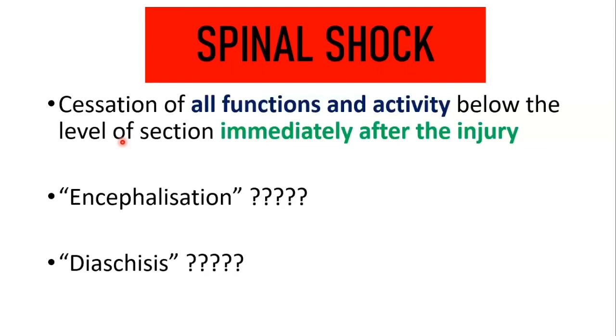So respiratory paralysis will happen. The cessation of function depends on the level of section. So cessation of all functions and activity below the level of section immediately after the injury is the correct definition of spinal shock.